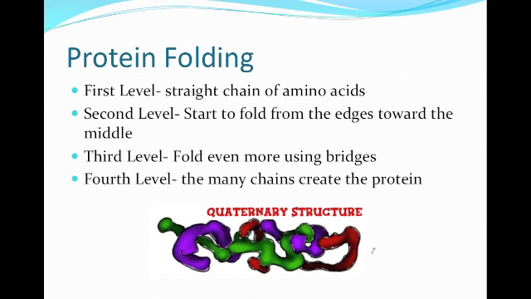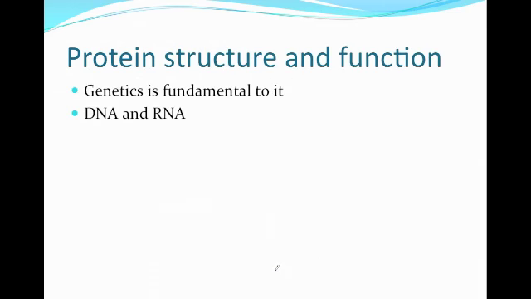The third level is the same thing. They continue to twist and turn, but now they keep using more bridges and more bonds. And the fourth level is when all of the chains create the protein. Here you have a picture of the fourth level. As you can see, all these different chains, the green, the purple, the red, have created a protein now.